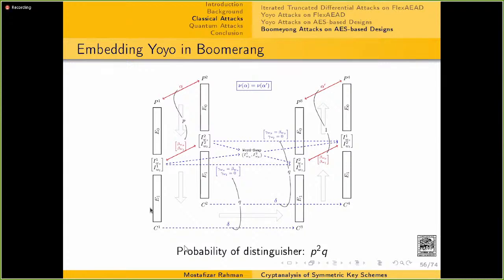Like in the boomerang attack, if we are able to add more complicated U1 layers, then we can penetrate more rounds. Till now we have not been able to penetrate more rounds, but considering only the framework here, we have been able to improve the probability.